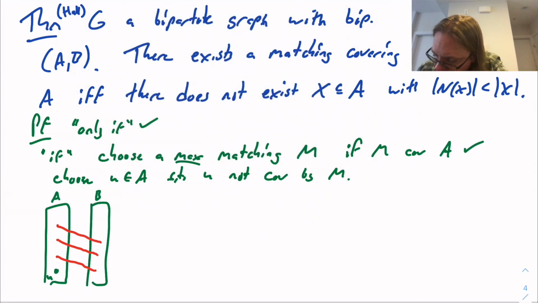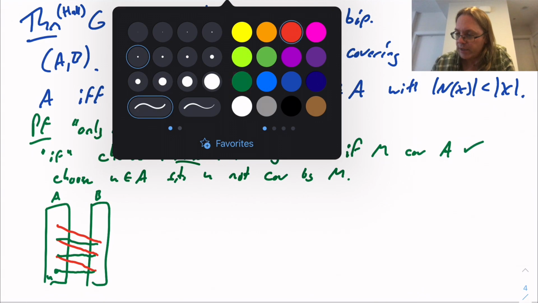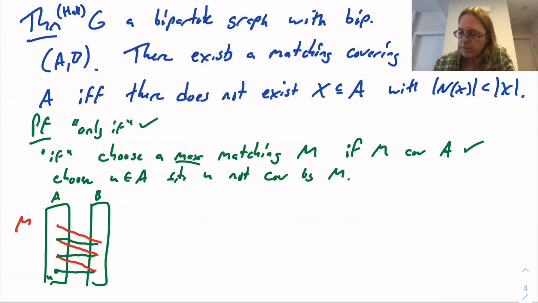So if you think about an M alternating path starting at U, this is kind of what it's going to look like. If it's an M alternating path, then every second edge that you take has got to be a matching edge. So every other edge of the path will be an edge that's in the matching. My matching here is indicated in red.